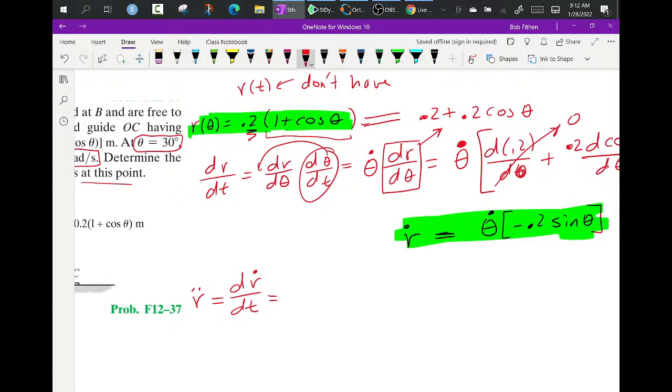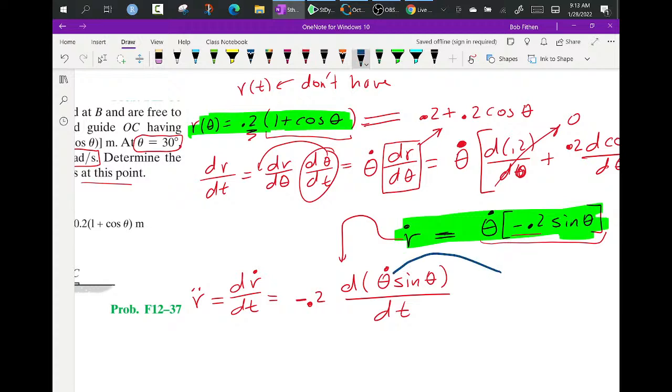So now I've got to be very precise how I put all these in here. I'm going to take this and stick it right in there the way it's supposed to be, and take the minus 2 and put it in front. So minus 0.2 times the derivative, theta dot, sine of theta, with respect to time. What's interesting here is that could be thought of as being a function of time.